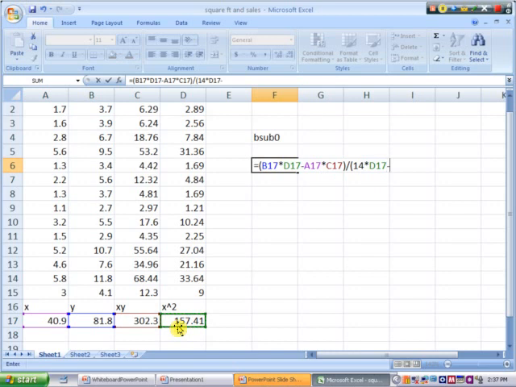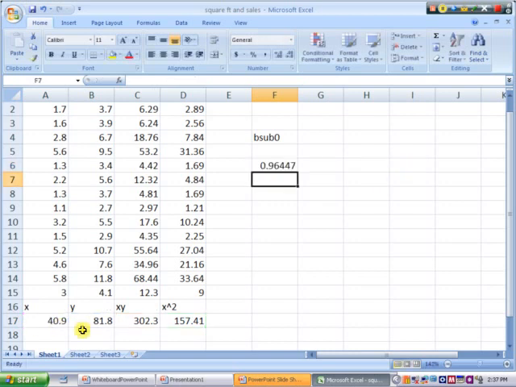Minus, now the sum of the x's is 40.9, and we want that quantity squared. So close your parenthesis and enter it. And we get 9.6447. We can just round that off to 9.6 later on.